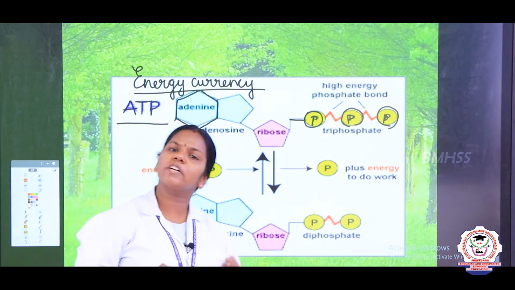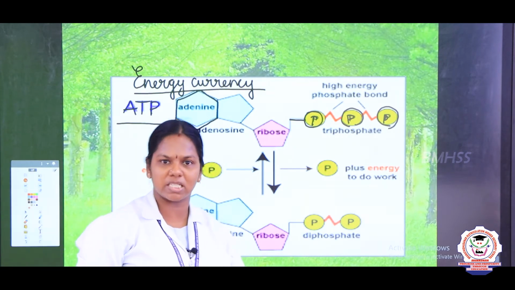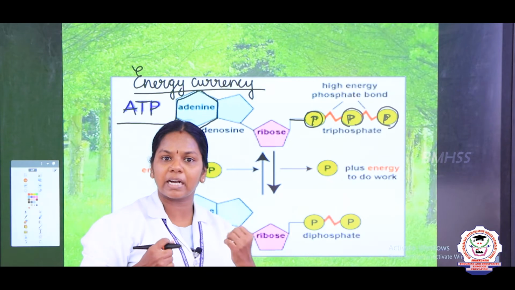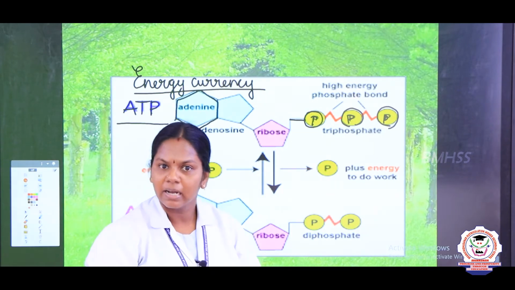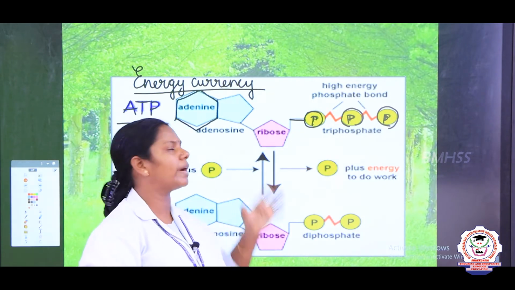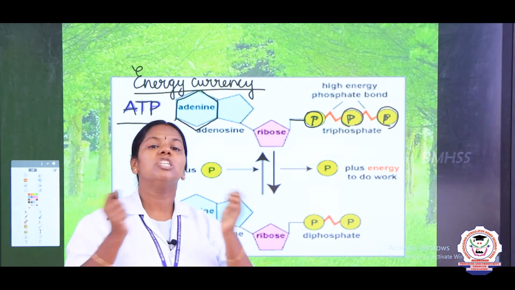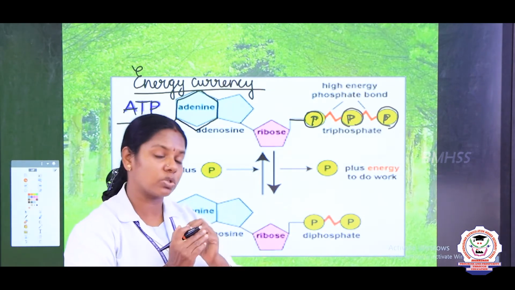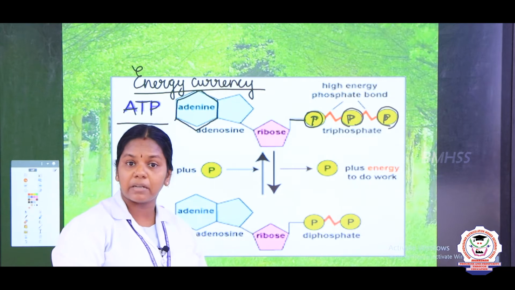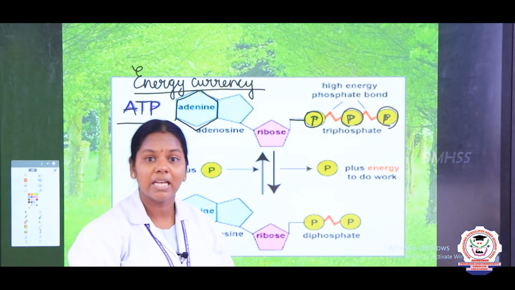What is the function of the battery, children? It stores energy, right? And at the time of power cut, it starts producing energy. Likewise, this ATP stores all the energy. We can also call it a storage battery or the energy currency of the cell.